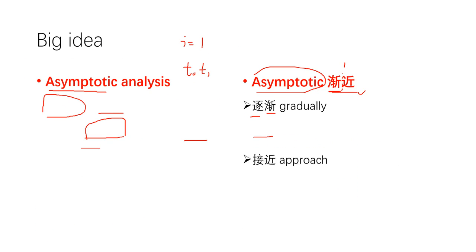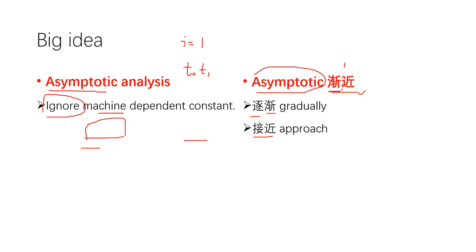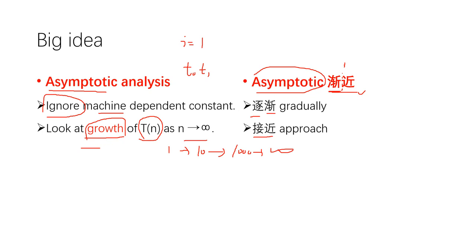That is asymptotic analysis. We ignore these parts and turn to look at the growth of Tn as n goes from 1 to maybe 10, 100 or 1000, then to infinity. How will Tn change as n grows?